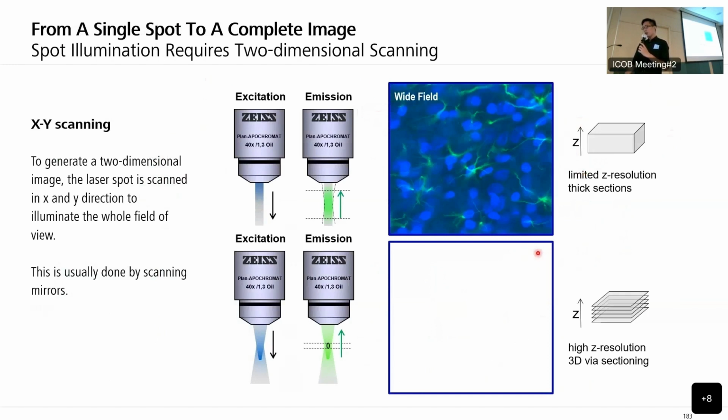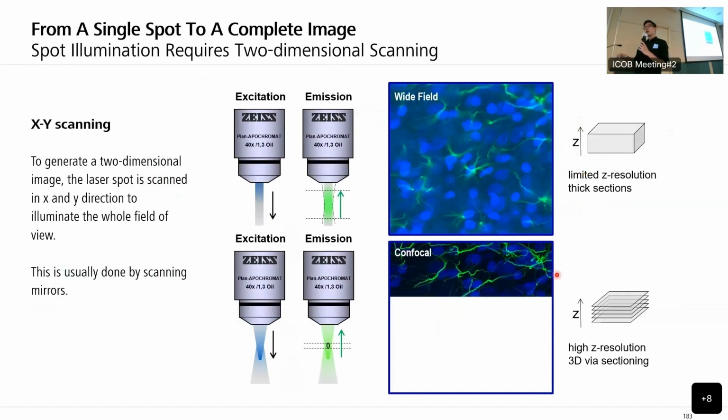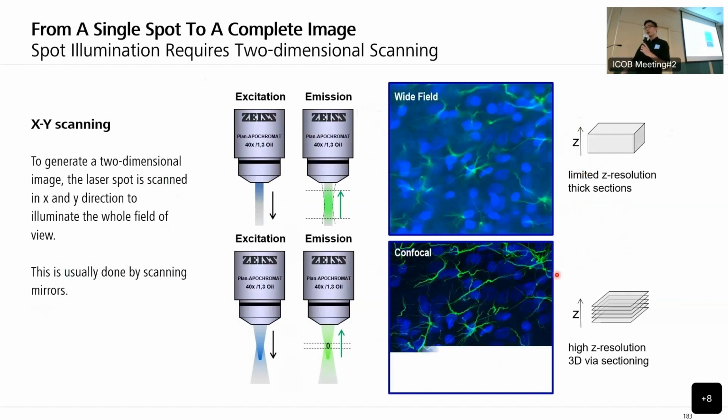But for confocal, this one is like a printer. It does point scanning, which takes much longer compared to wide field systems. However, we can extract the in focus signals by using the confocal systems.